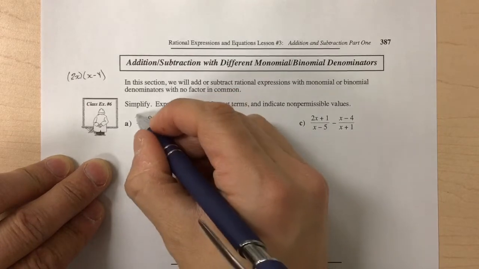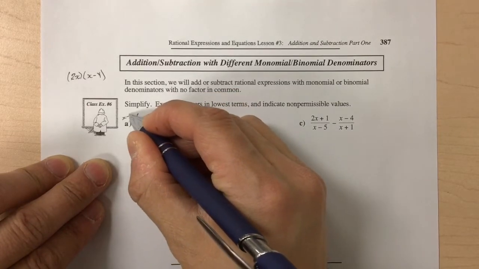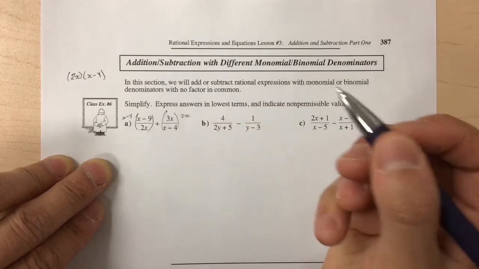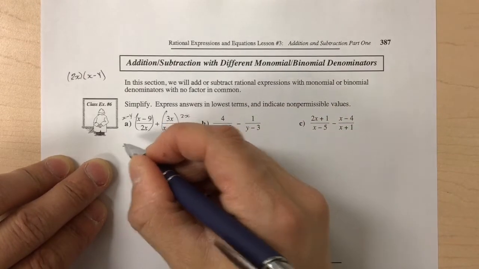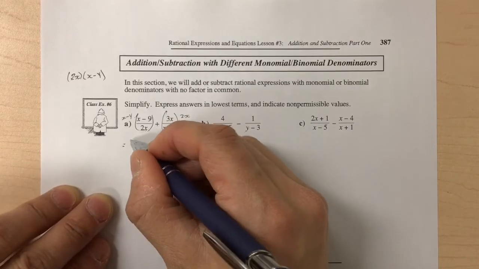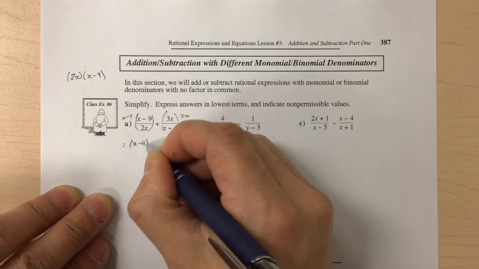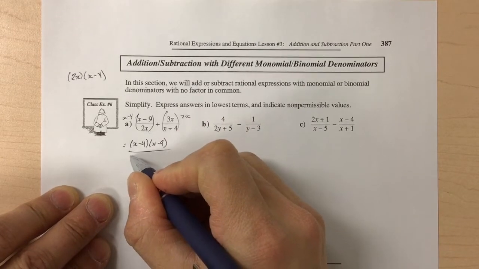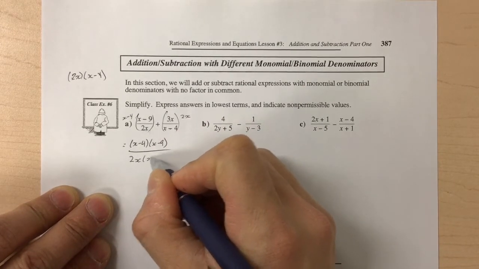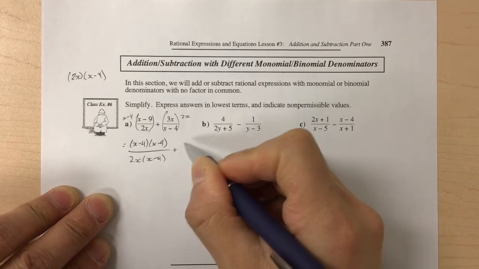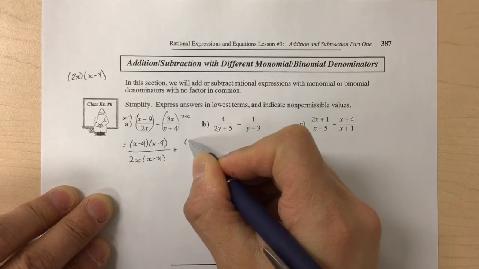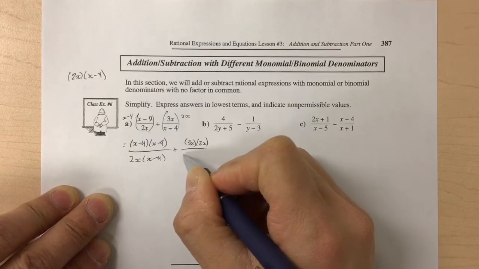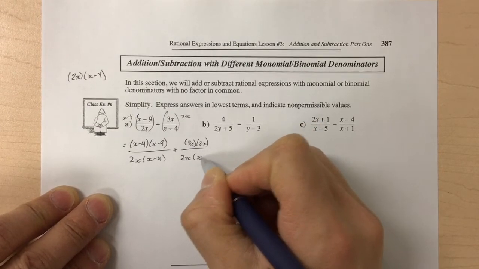So everything here I want to multiply by x minus 4, and everything here I want to multiply by 2x. When I do that, I'm going to be left with x minus 4, x minus 9 over 2x times x minus 4 plus 3x times 2x all over 2x times x minus 4.